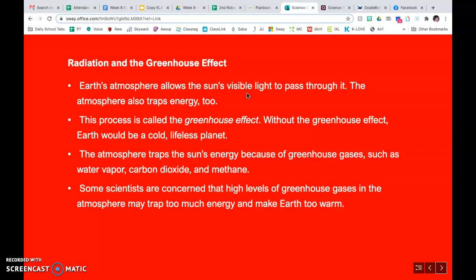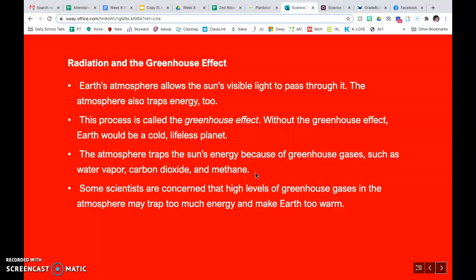But the atmosphere also traps energy in it as well. And this process is called the greenhouse effect. Without this very important thing called the greenhouse effect, Earth would be a cold, lifeless planet. In other words, life could not exist without the greenhouse effect here on Earth.